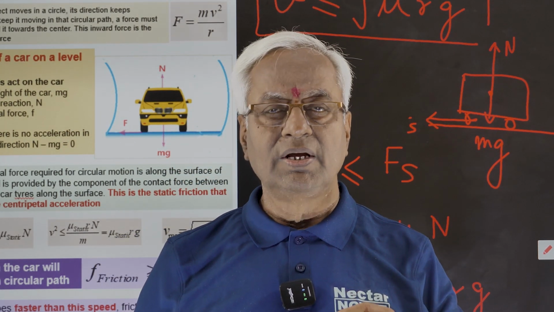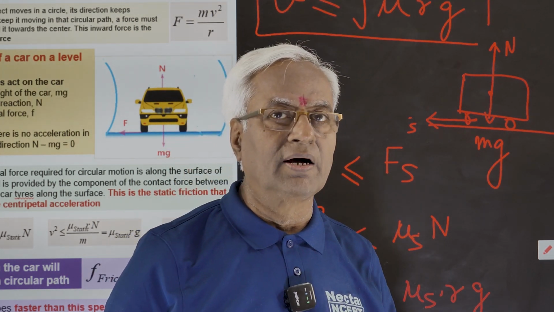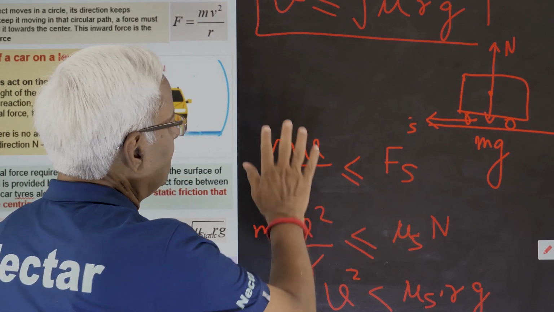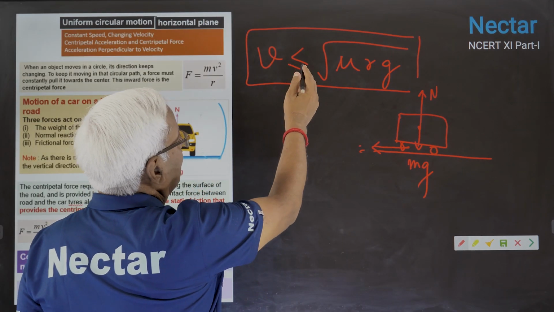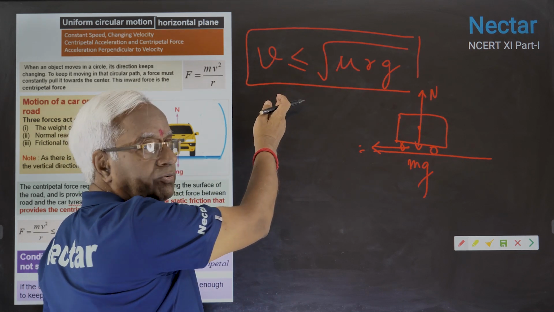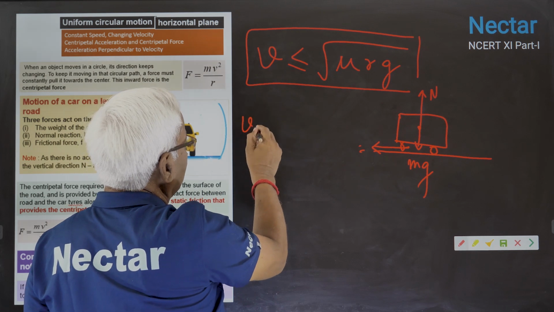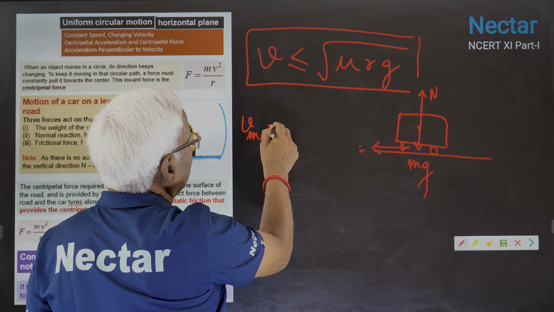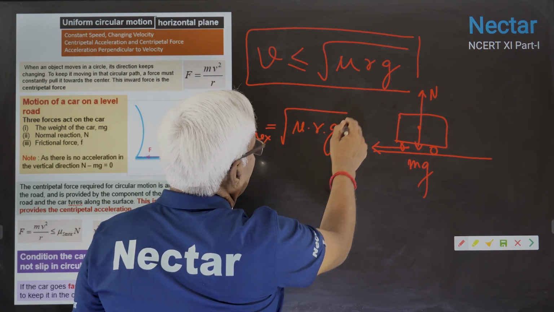It means if you want safe turning of a vehicle on some circular path, this becomes the condition. You might summarize the whole thing: the maximum velocity, once you say this, you are talking about maximum velocity. Maximum velocity will be equal to this much.